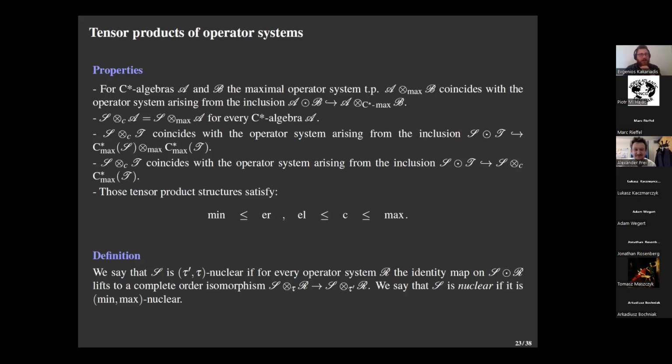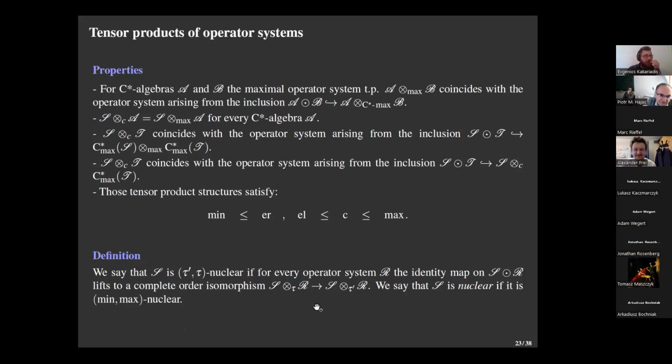If these two are comparable, then you already have one map. What you want to show is that this map has a UCP inverse. We say that it's nuclear if it is min-max nuclear, and of course the nuclear C*-algebras are nuclear as operator systems. So M_n is min-max nuclear.